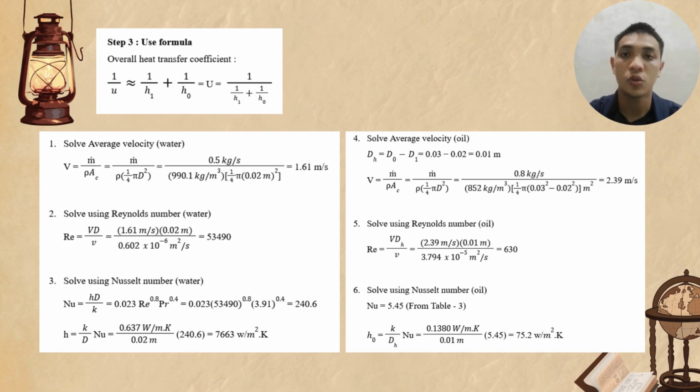In this slide, it shows the calculation to find the overall heat transfer coefficient. Before this, we must solve for the average velocity, then the Reynolds number, and lastly the Nusselt number. We must do this for water and oil.